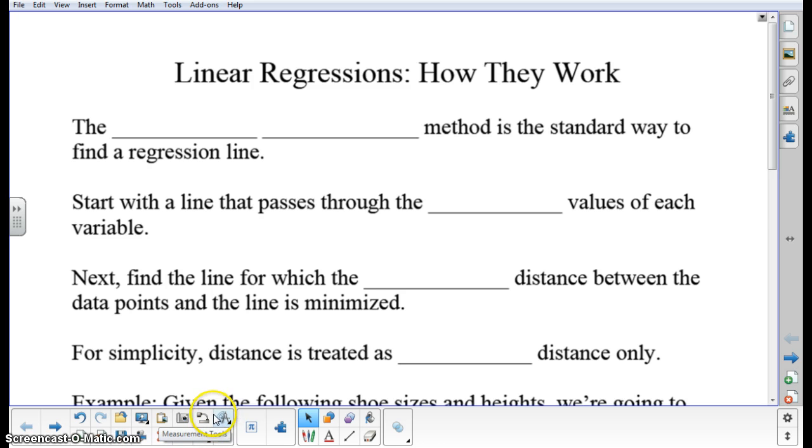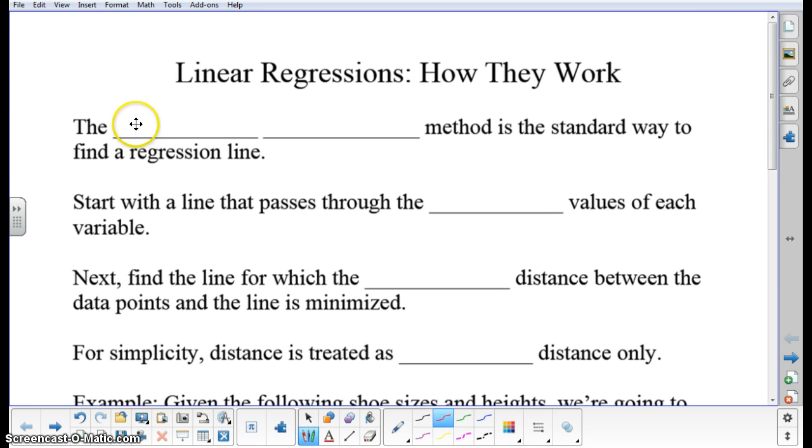So we're going to put some vocabulary on this topic. The least squares method is a standard way to find a regression line. We start with a line that passes through the average, or mean, values of each variable.